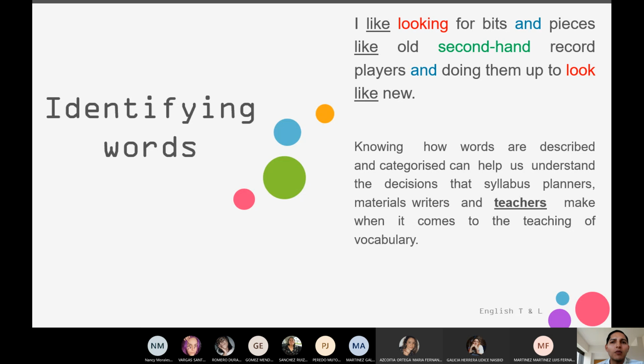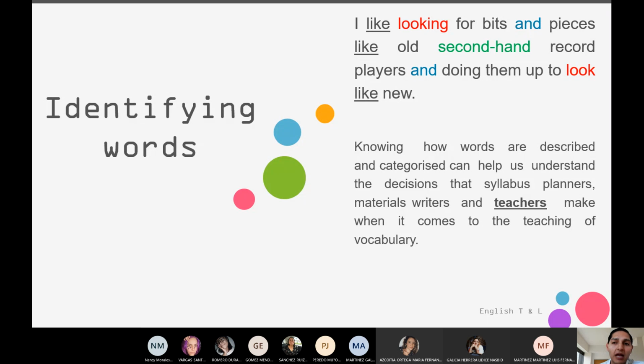Here we have the word like, and we have like as a verb, we have like as a preposition, we have look in a simple tense form, present simple. We have look like, which is a compound.